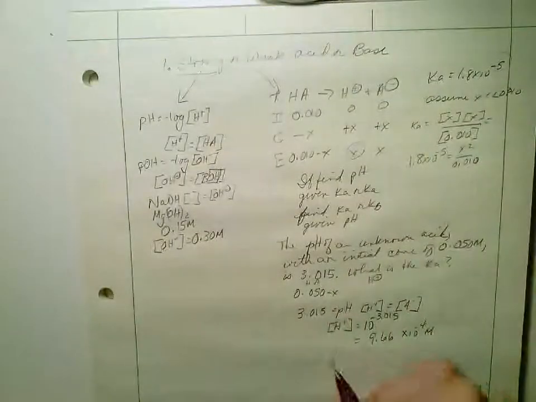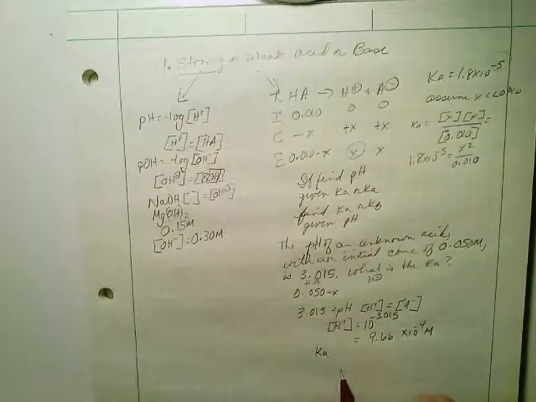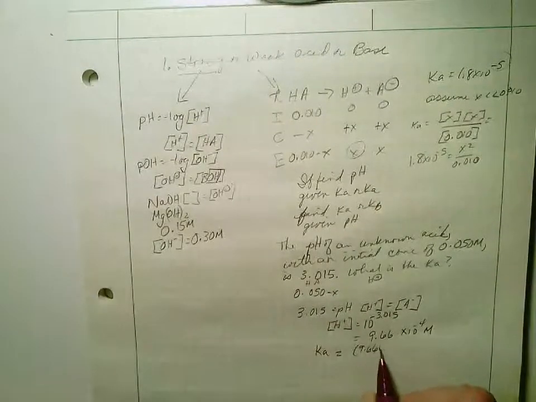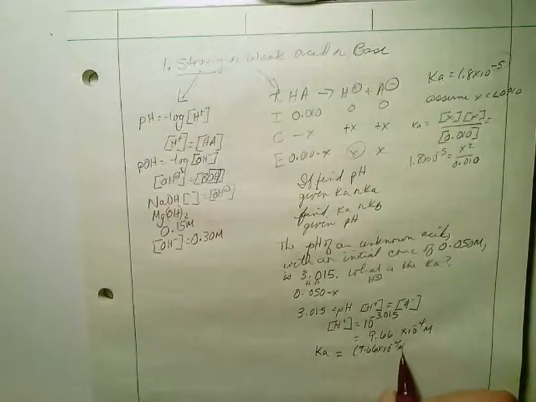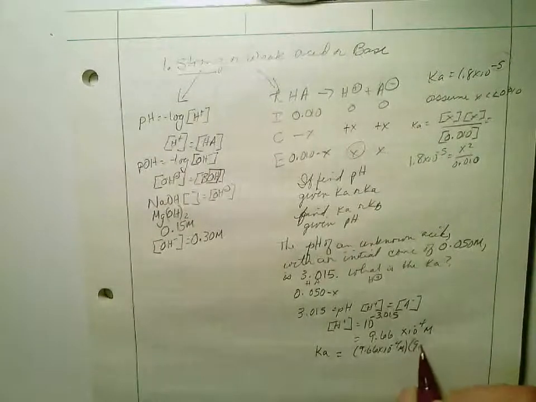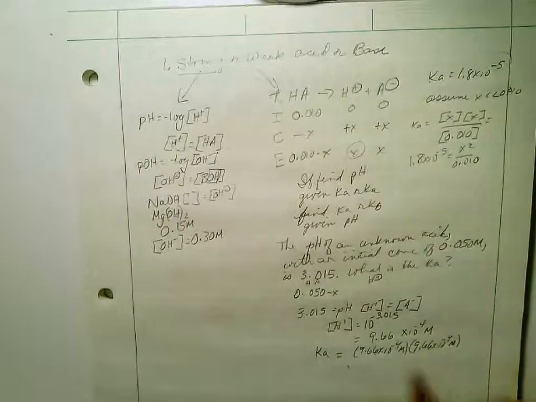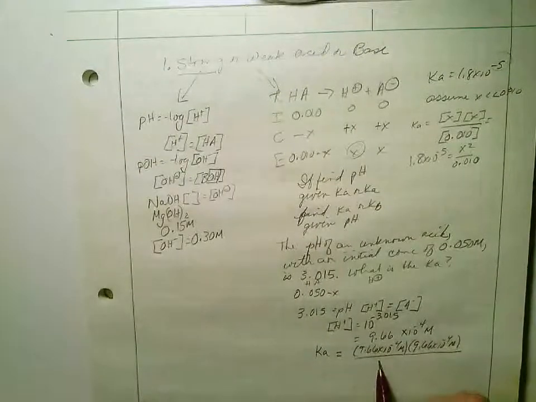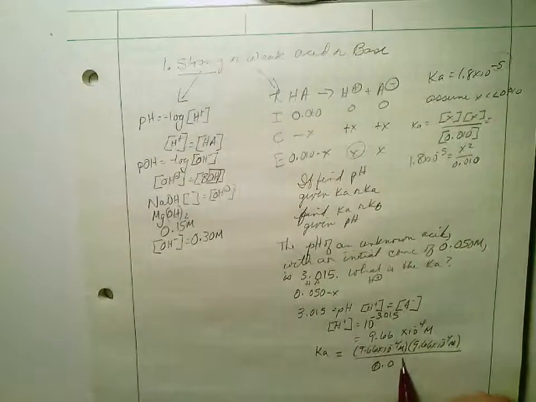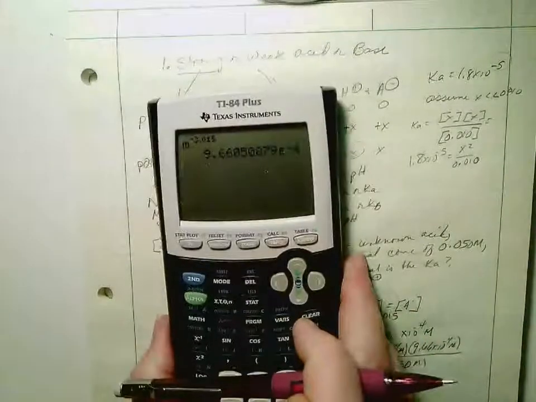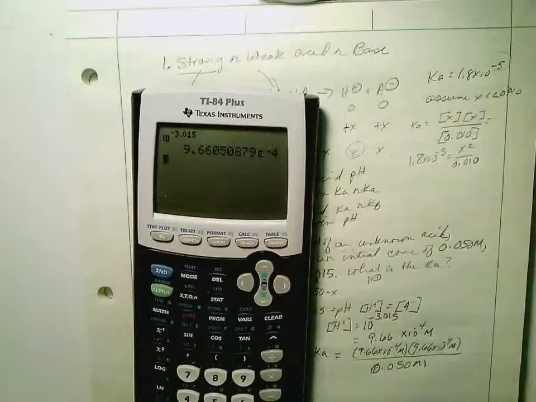And so my Ka is going to equal 9.66 times 10 to the negative 4th molar times 9.66 times 10 to the negative 4th molar divided by 0.050 molar. Now I've made up all these numbers. Let's hope it comes out to something reasonable.